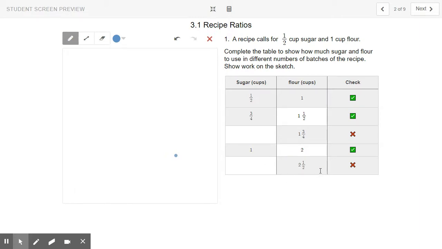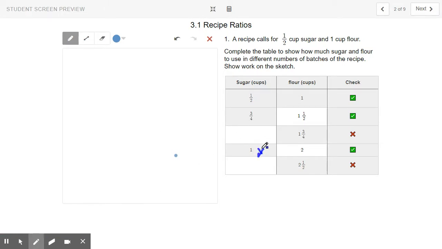So now when I come down to these last two, I basically need to figure out, is there a pattern happening here? I noticed, especially when I got down to this, that if I want to find the amount of flour based on the amount of sugar, all I do is multiply my sugar by 2.